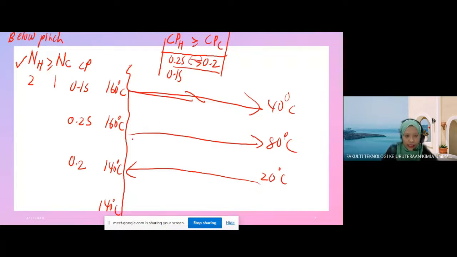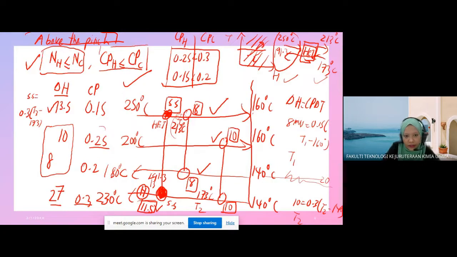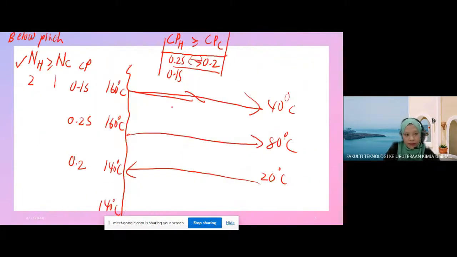So you pair. Okay, before, just now I didn't mention about this. You need to start from the pinch area to away from the pinch, meaning that you cannot start here. You need to start with the area near the pinch, and then go away from the pinch, meaning that above the pinch, from right to the left, and then below the pinch you need to start from left to the right.